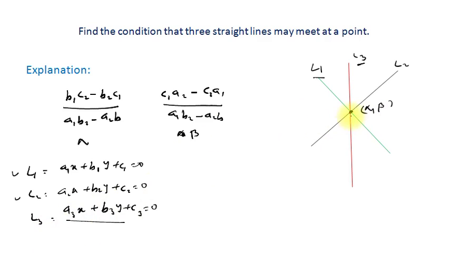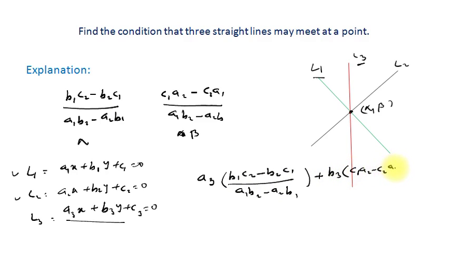So putting the value of alpha, beta in line 3, we can write A3 into the value of alpha, which is B1 C2 minus B2 C1 divided by A1 B2 minus A2 B1, plus B3 into the value of y, which is C1 A2 minus C2 A1 divided by A1 B2 minus A2 B1, plus C3 is equal to 0.